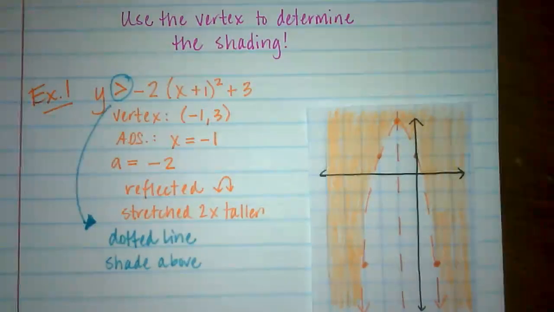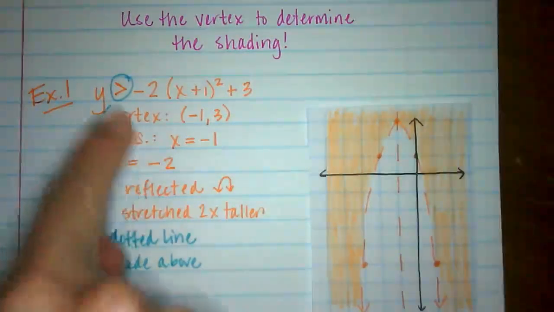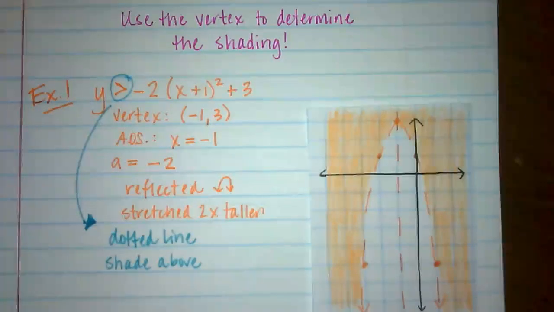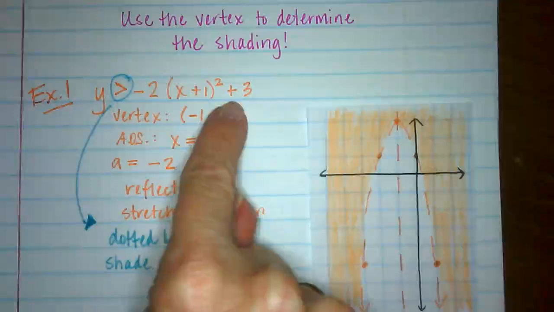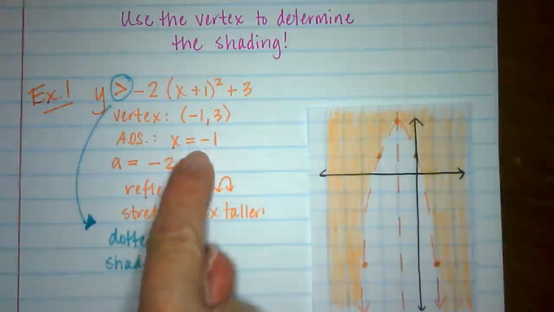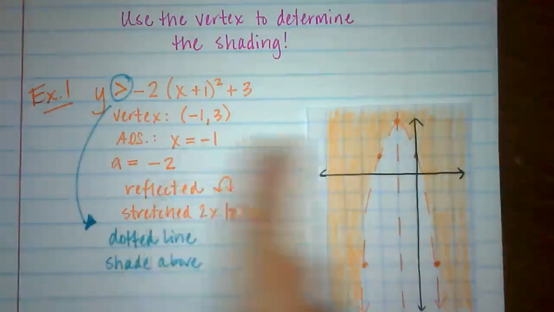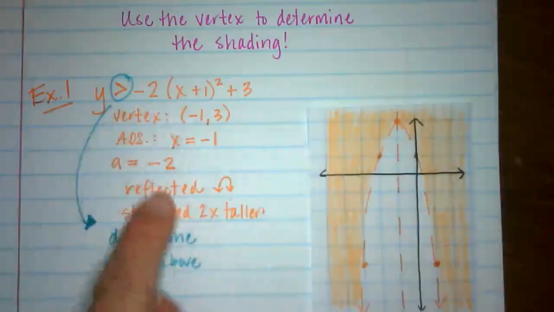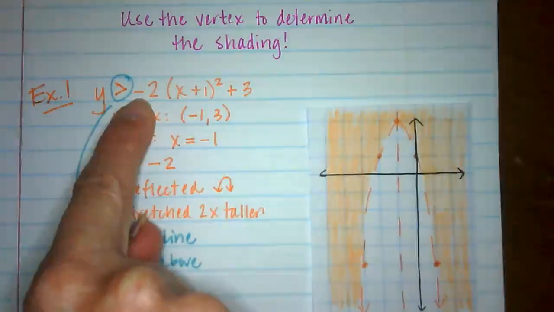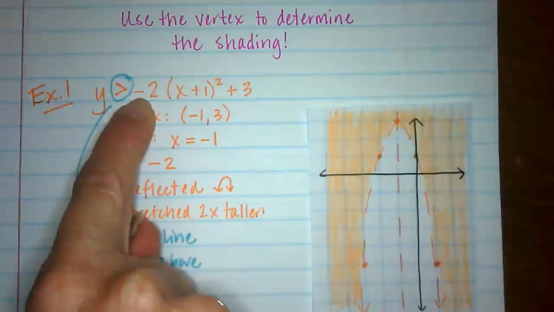All right, so just to recap, we've been building on this every day for the last week at least. So this is vertex form. We got the vertex. We got the axis of symmetry. We can plot that. We learned that the A value is going to affect the stretch or the shrink, so basically the height of our parabola.